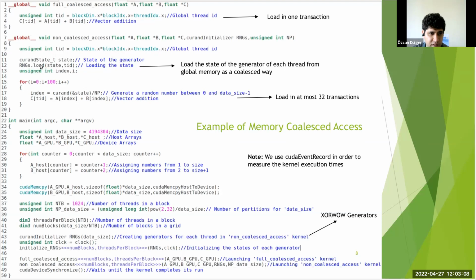Loading the state of the generator is done in a coalesced way, so this does not affect the execution time. This for loop and this operation dominate the execution time. Again, we have three arrays A, B, C, and we initialize them. We set the number of threads to 1024 and so on.